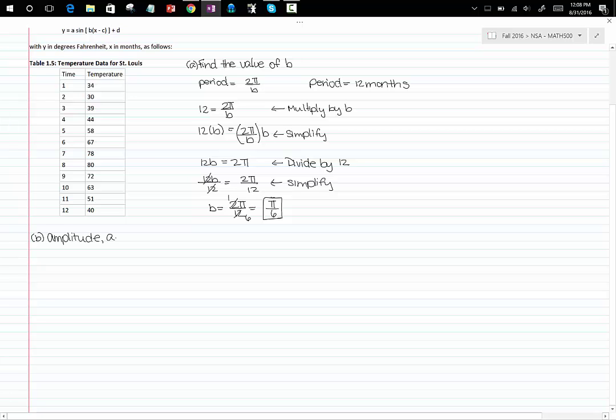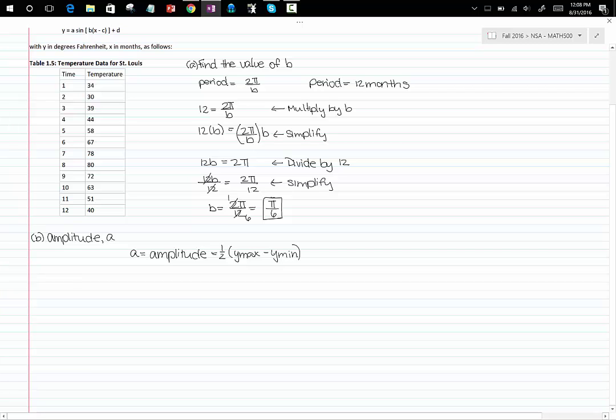To do this, we write A, or amplitude, is equal to half of the difference between the largest value and the smallest value, or 1/2 y max minus y min, where time in our table is x and temperature is y. So we're looking at the largest temperature value, y max, minus the smallest temperature value, y min.